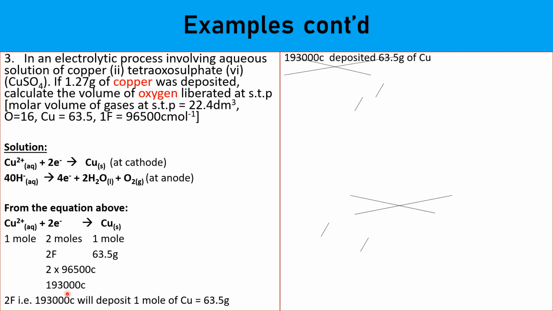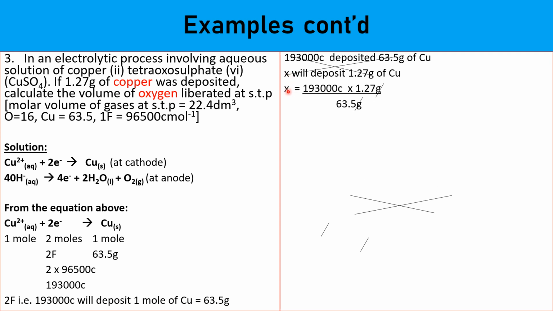So if that is the case, from the equation we can see that 63.5 gram of copper was deposited by 193,000 coulombs of electricity. So if the new mass of copper is 1.27 gram, what quantity of electricity will deposit such mass? So what we need to do is to look for the quantity of electricity that will deposit this, by making the quantity which is not known to us subject of the formula.